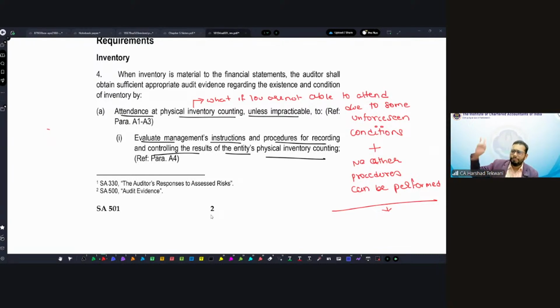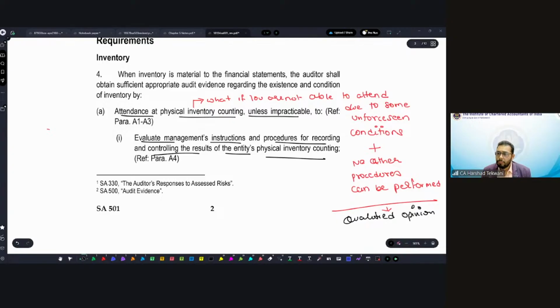Let's say material but not pervasive, so qualified. Yes, definitely we will give qualified because it is not tested. Appropriate and sufficient audit evidence is not received, which means definitely there is a qualified opinion. I think it should not be a qualified report, sir. Okay, then if not qualified, then what?